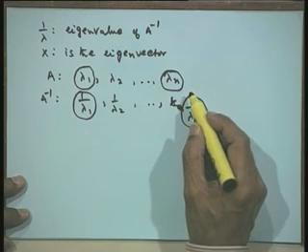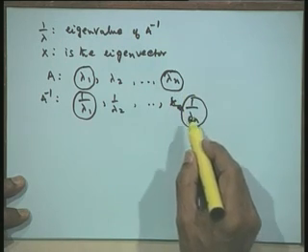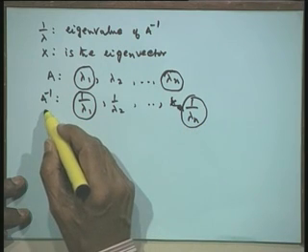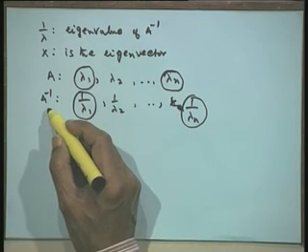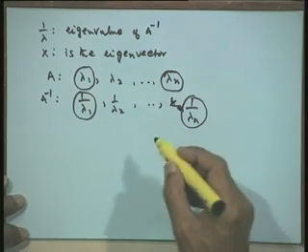Therefore, if I want the smallest eigenvalue of A, I need to find the largest eigenvalue in magnitude of A inverse. That means, I just need to apply power method on A inverse, because that will give me the largest eigenvalue of A inverse.